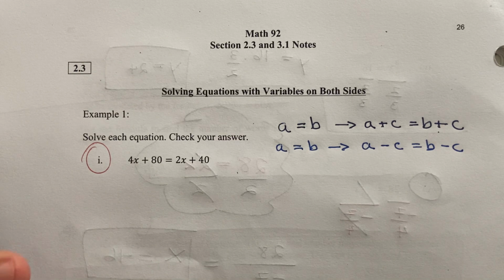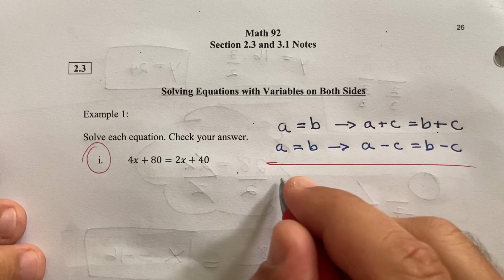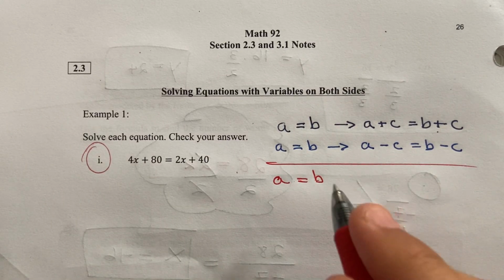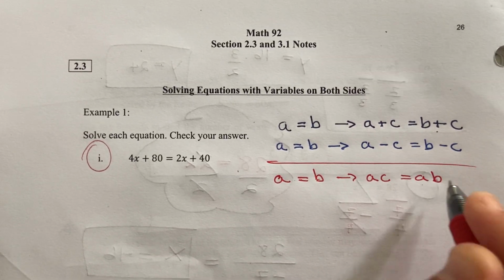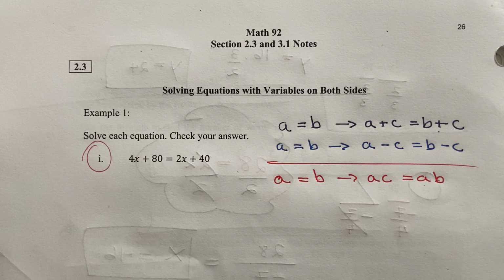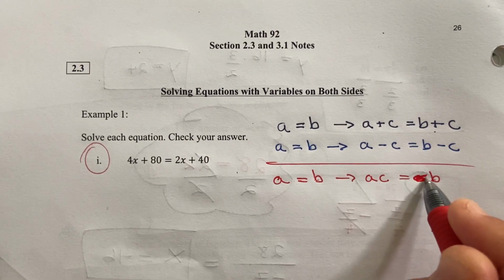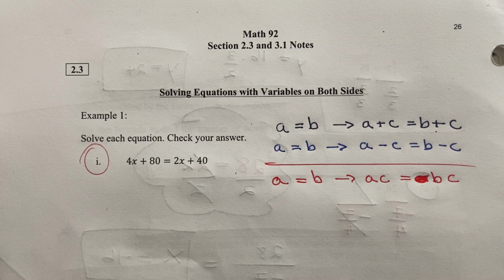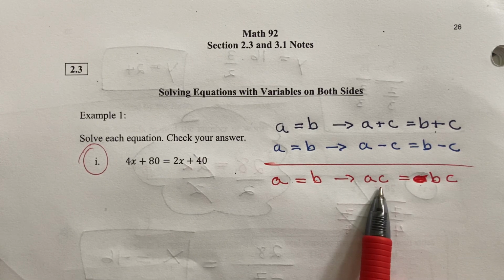Also, we need another tool often. So the multiplication property of equality says if two things are equal, then you're allowed to multiply by a non-zero number. Looks like I got that wrong, didn't I? So this should not be an A, there should just be a B and a C over here. Sorry about that. So you're allowed to multiply by a number as long as it's not zero, right?